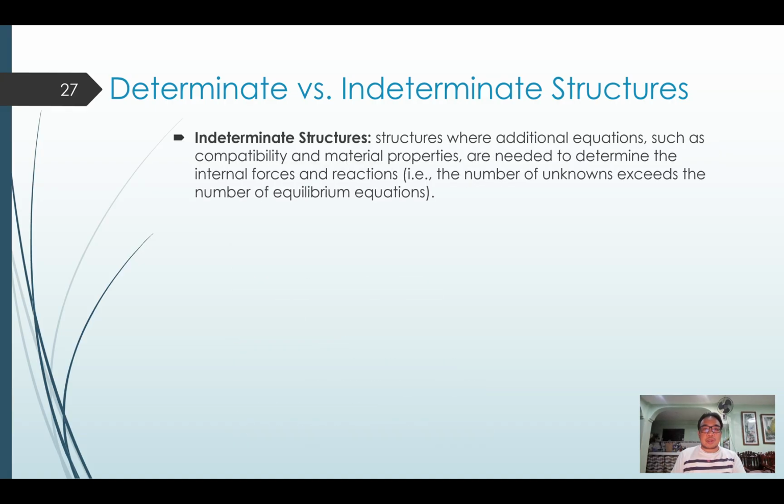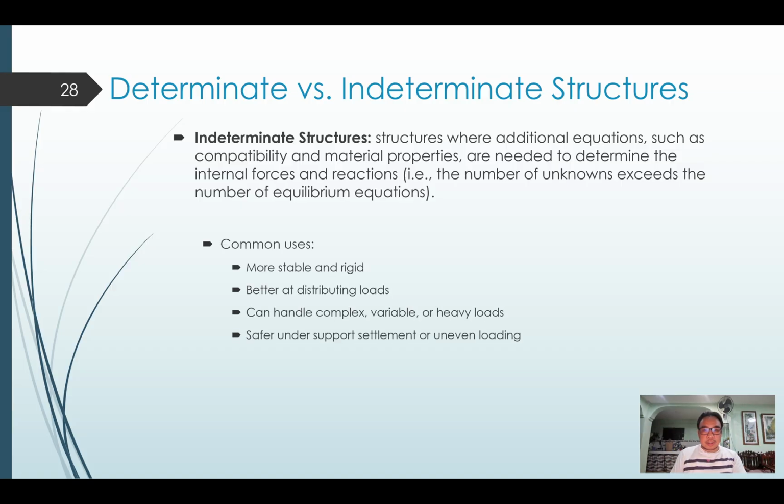For indeterminate structures, these are structures where additional equations such as compatibility and material properties are needed to determine the internal forces and reactions. Example, the number of unknowns exceeds the number of equilibrium equations.